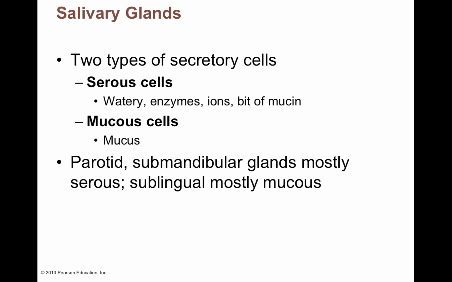So mucus is a thicker, more sticky, viscous type of saliva. And the function of mucus is it acts as a binding agent, right? So let's say you're chewing on some crackers or some bread or something, and you start chewing in your mouth. If you didn't have something to bind all of that material together, you just would have a loose mess of really dry material in your mouth. Good luck trying to swallow that, right?